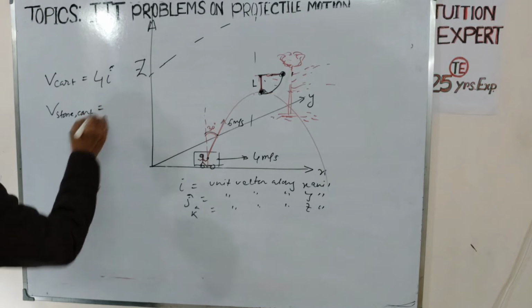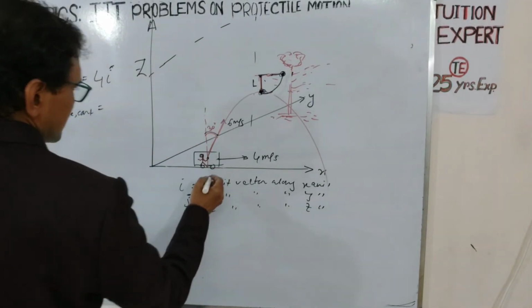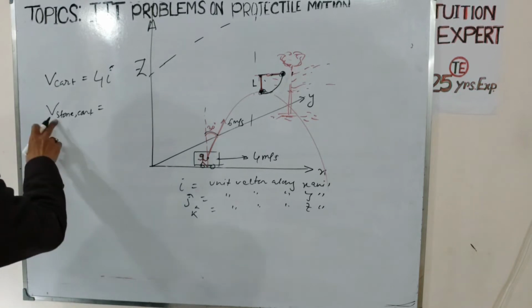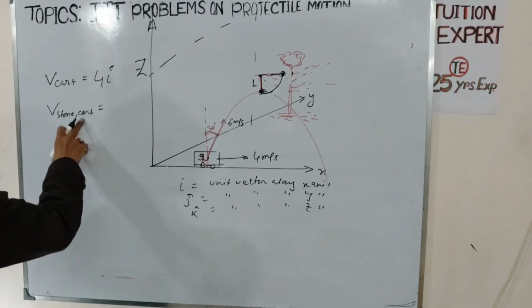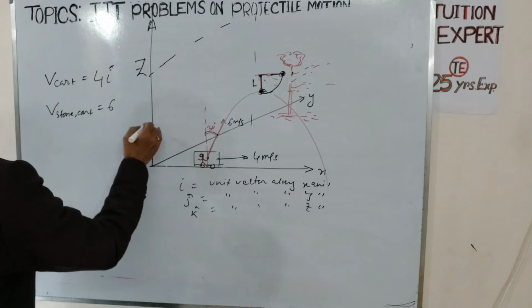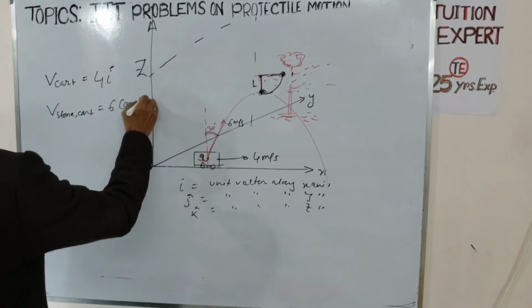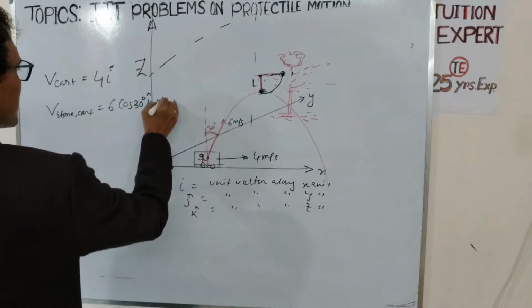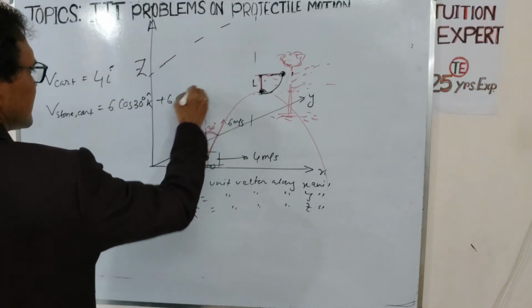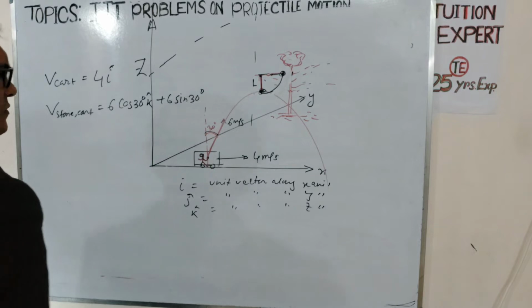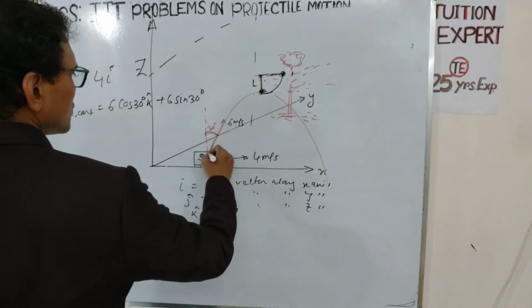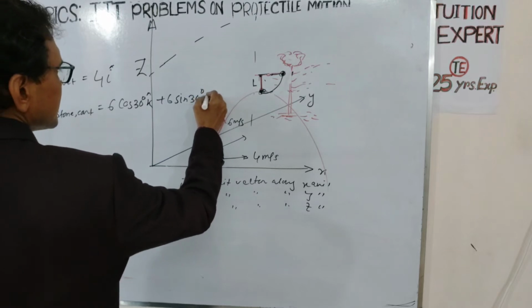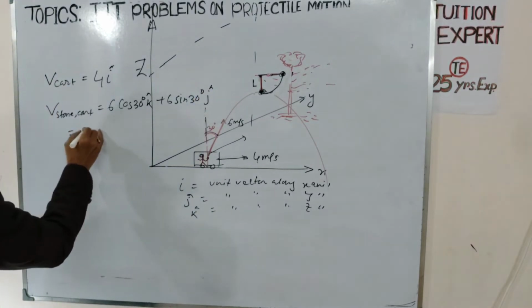The velocity of the stone with respect to the cart, since the stone is moving from the cart, is equal to 6 cos 30 degree k plus 6 sin 30 degree j, along the yz plane. This is z, this is y.